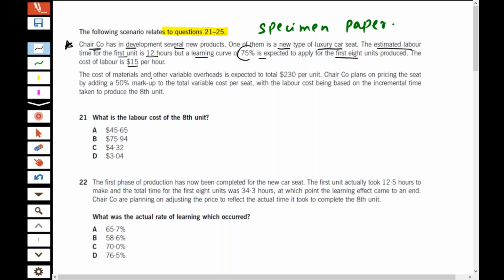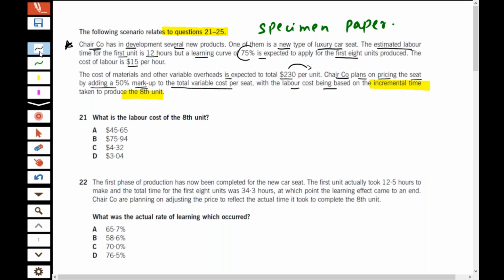The cost of material and other variable overhead is expected to be 230 per unit. Chair company plans on pricing the seat by adding a 50% markup to the total variable cost per seat, with the labor cost being based on the incremental time to produce the eighth unit.